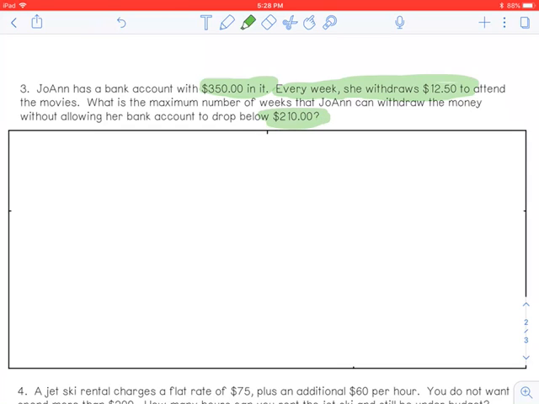So we have really two totals here. Okay, I've got 210. I want it to be greater than or equal to 210. It started here, and then we subtract from it. Okay? So, in the end, we want it to be greater than or equal to 210. Okay?